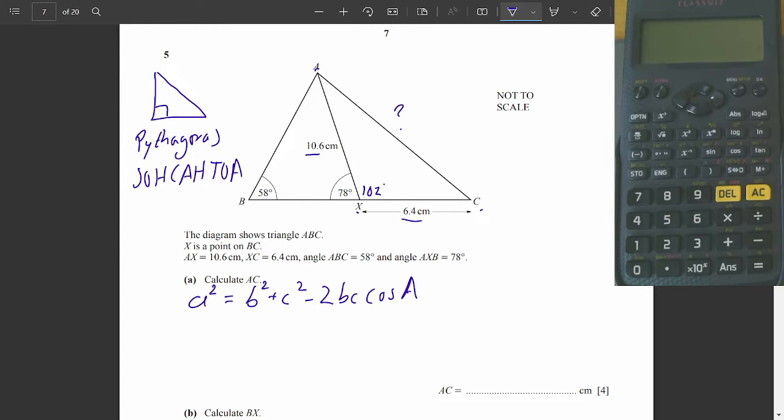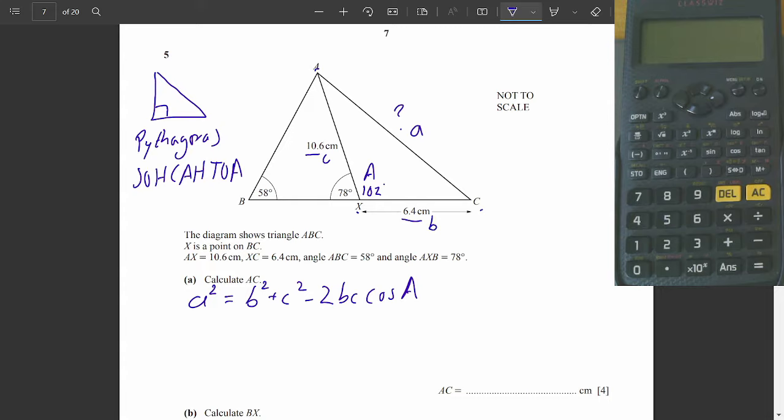So the side AC we want to know, we can label that A, which makes the opposite angle here our big A. Then B and C doesn't matter which way around it is. But since we already have a C here, we can make that a small c, and we can relabel this side here, XC, as the small b. So it means things are going to look like this.